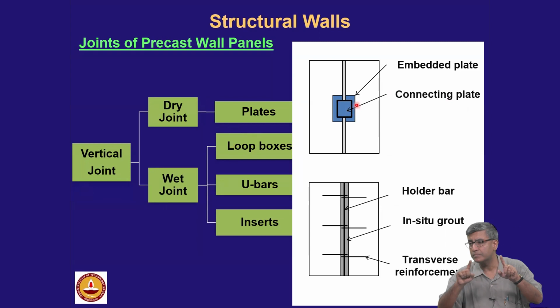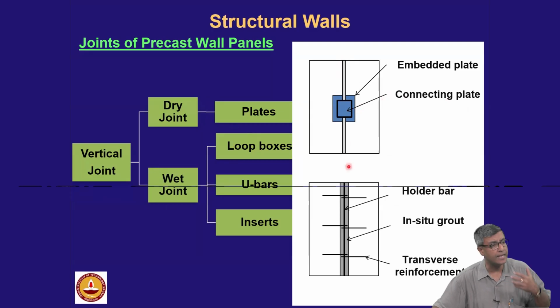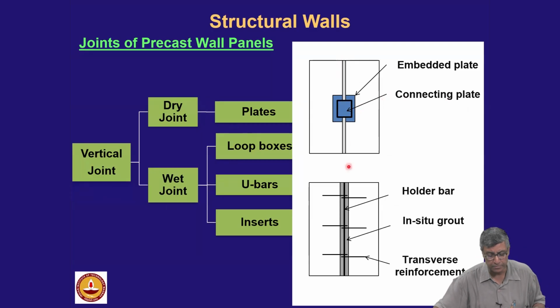Over that, we put another plate, and like that we connect it, and we can have some sealant or caulking material filling up the space. Whereas for the wet joints, we can have reinforcements which are like transverse reinforcements. Either we can have U bars, or we can have loop boxes. The loop boxes are getting more and more common in our country. We can also have certain types of inserts to connect them, which is not that common.